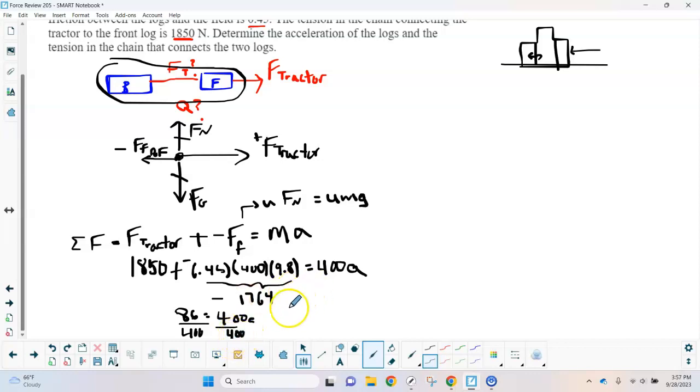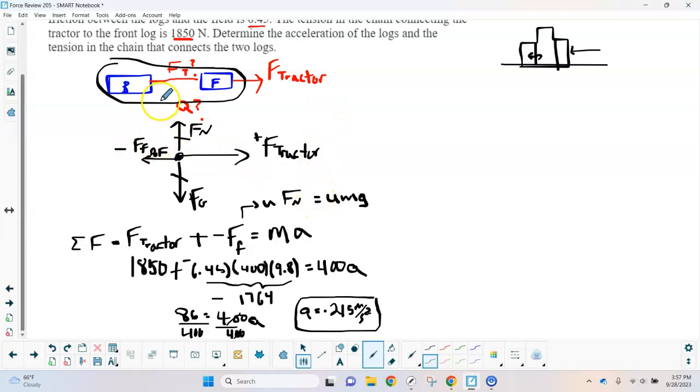And you're going through some mucky ground. So we're solving for A here. And you should get an acceleration of 0.215 meters per second squared. So that is the acceleration.